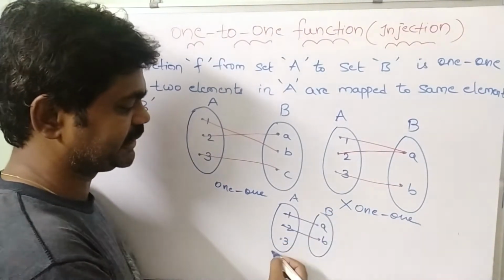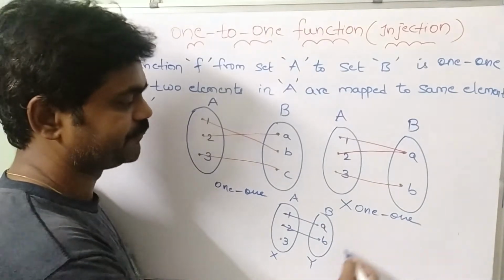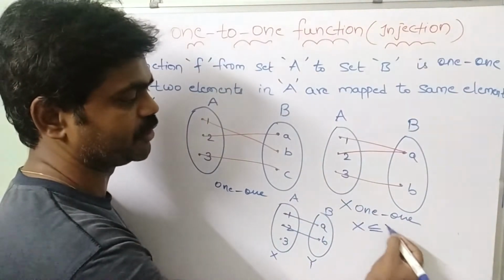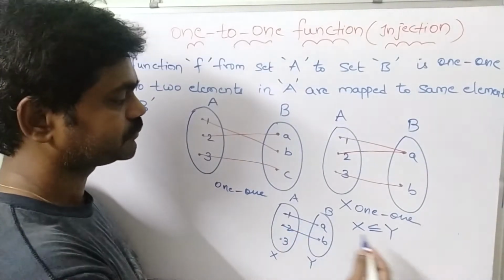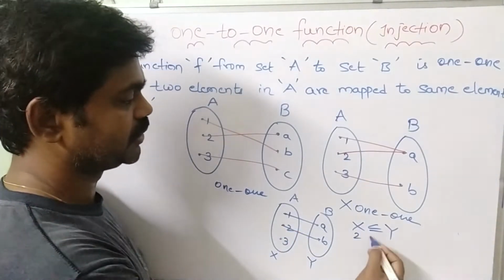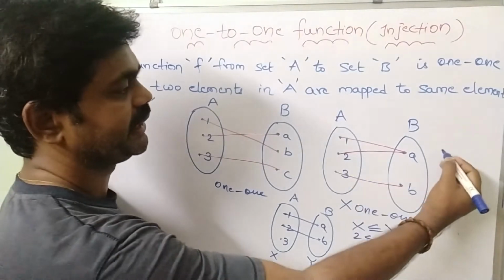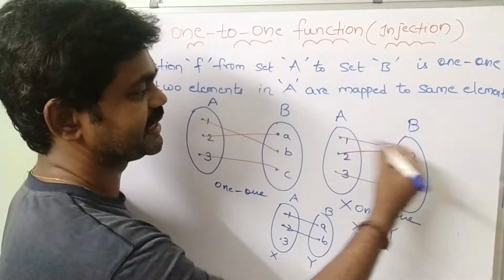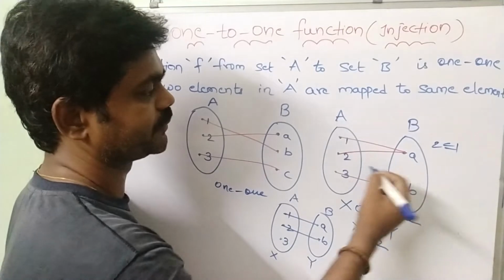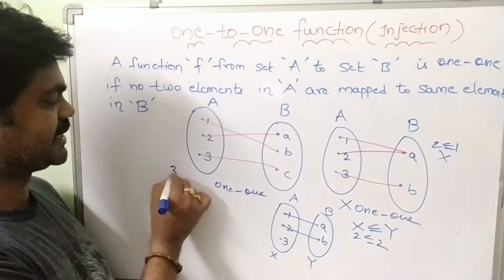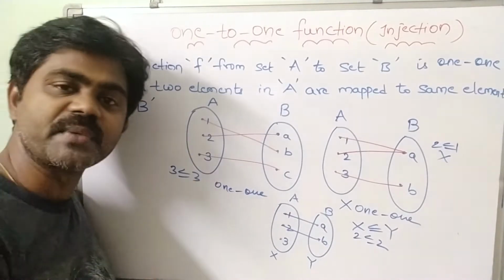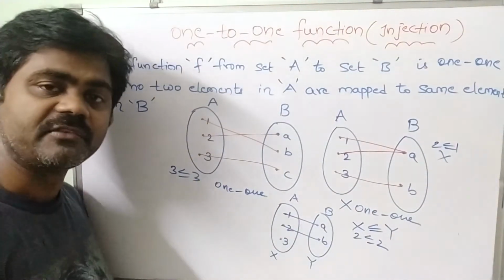Let us assume that this is X and this is Y. The formula is X less than or equal to Y. X less than or equal to Y. So here 2 less than or equal to 2. Here if you see, 2 less than or equal to 1, which is false. So here 3 less than or equal to 3. So from this we can say that this is a one-to-one function.